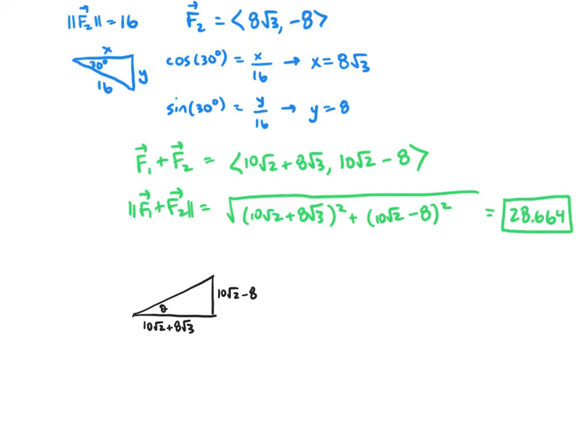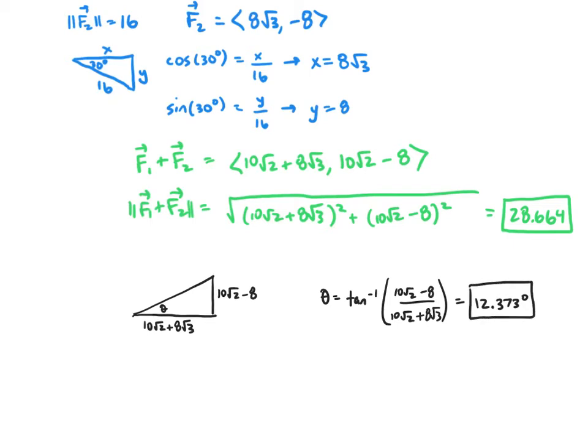So to find this, you would take the inverse tangent of the opposite divided by the adjacent. And again, you can just type this in. I already typed this in, and what I got for my angle is 12.373 degrees. So there we go. We have our magnitude of the resultant force vector as well as the angle it makes with the positive x-axis.